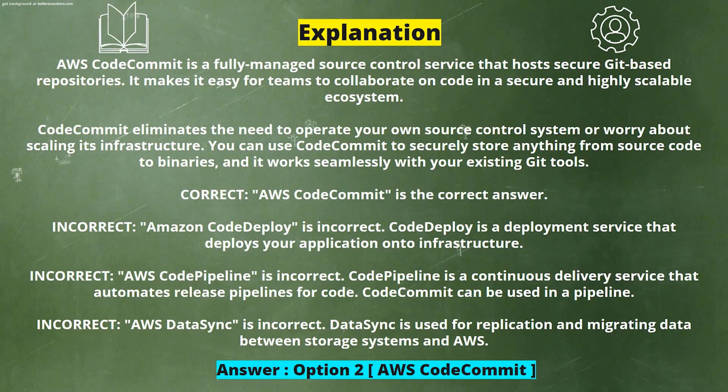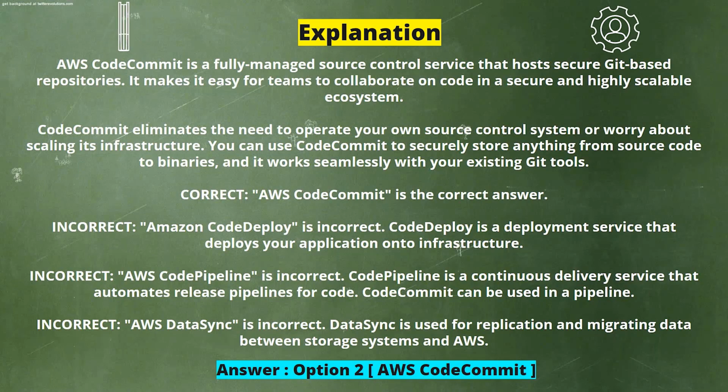It makes it easy for teams to collaborate on code in a secure and highly scalable ecosystem. Code Commit eliminates the need to operate your own source control system or worry about scaling its infrastructure. You can use Code Commit to securely store anything from source code to binaries, and it works seamlessly with your existing Git tools. Correct. AWS Code Commit is the correct answer. Incorrect. Amazon Code Deploy is incorrect.